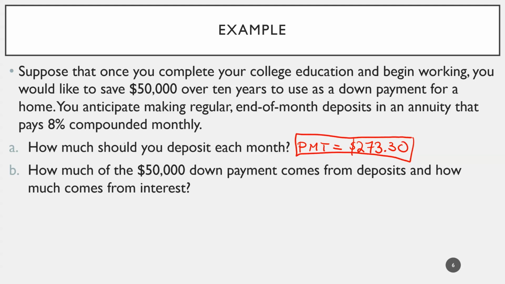Okay. Next question. How much of the $50,000 down payment comes from deposits? And how much comes from interest? Well, deposits. Well, I'm making a monthly payment of $273.30, 12 times per year for 10 years.